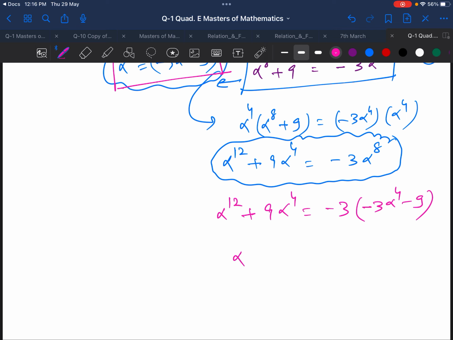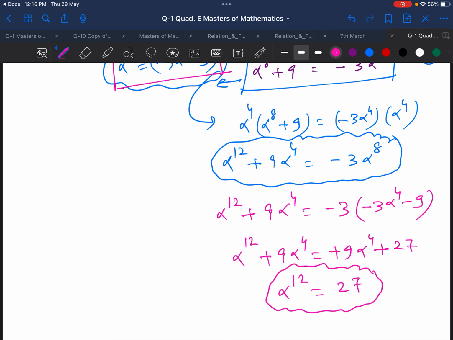So I found alpha raised to power 12 plus 9 alpha raised to power 4 equal to minus minus plus 9 alpha raised to power 4 and plus 27. So I can see that alpha raised to power 12 is 27. So this is the important find. I found this equation as B.